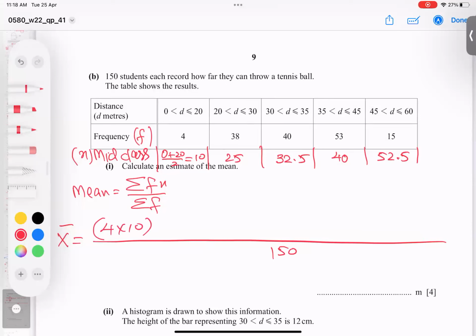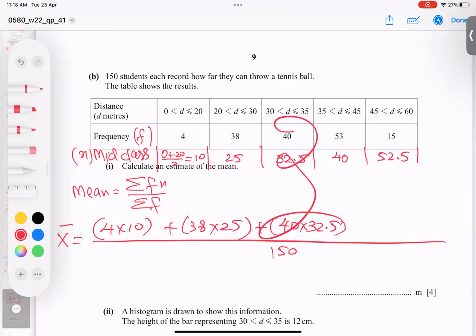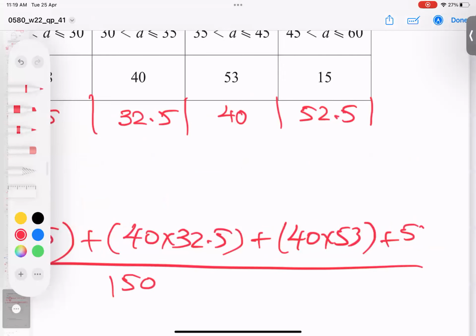It comes from 10 and 4, which is 40. 38 into 25, it comes from this and this multiplied. And 40 times 32.5, it comes from here. 53 times 40, it comes from here. And last and final, 52.5 into 15.